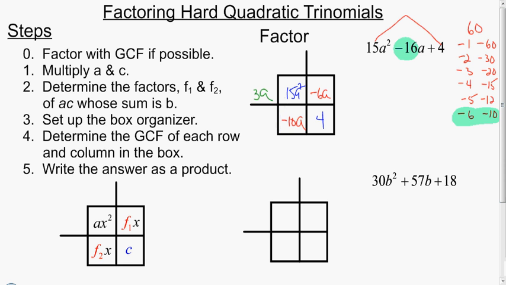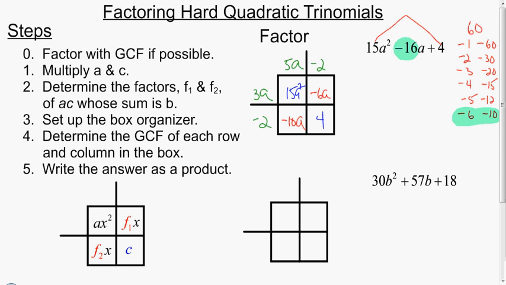And that is going to give me negative 2. And then when I go up the columns, the GCF of 15a squared and negative 10a is 5a. And the GCF of negative 6a and 4 is, in fact, negative 2.